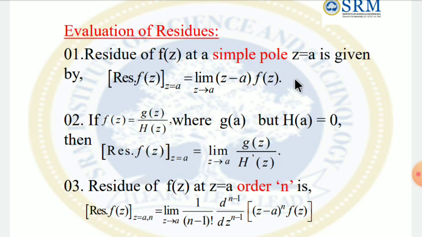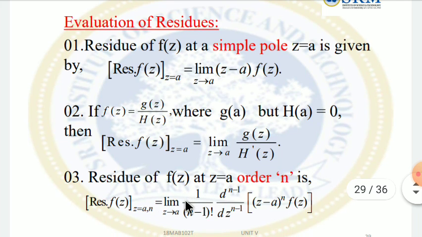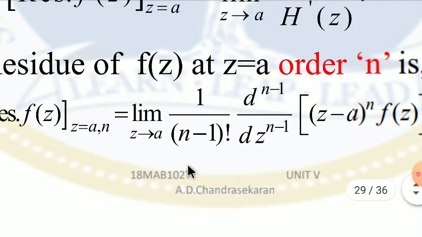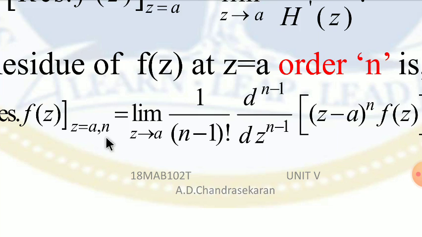then the residue of f of z at z equal to a with order n, see the third formula, is equal to limit z tends to a of 1 by (n minus 1) factorial.